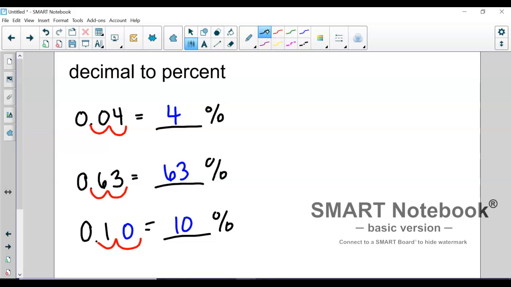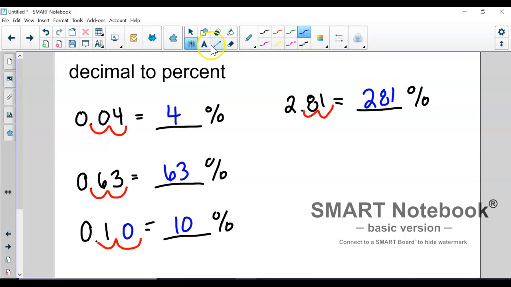Sometimes I have bigger numbers like this. I might have 2.81 and I want to know what percent that is. So again, I'm going to move that decimal 2 places to the right and I'm going to get 281%.